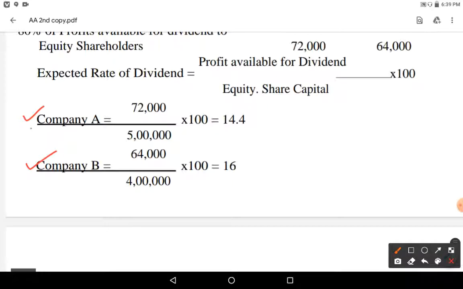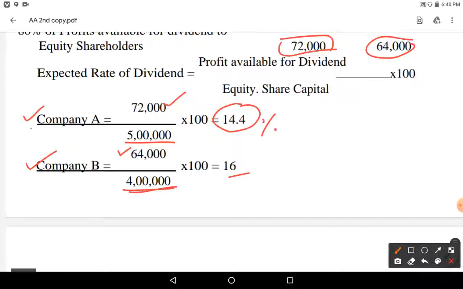For company A, first we solve: profits available for dividend 72,000 divided by share capital 5 lakhs into 100, it is 14.4. Similarly for company B, 64,000 divided by 4 lakhs share capital into 100, it is 16. So this is 14.4%, this is 16%.